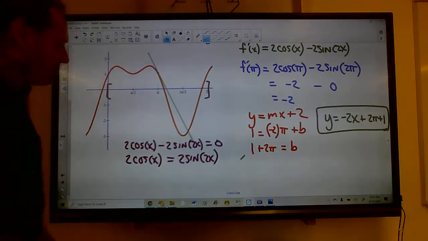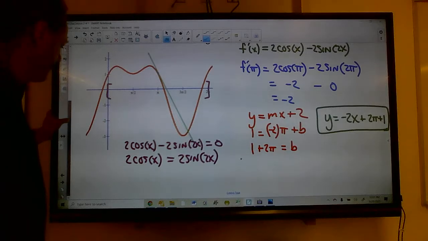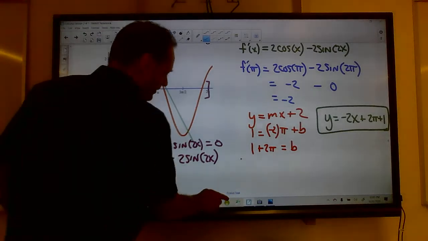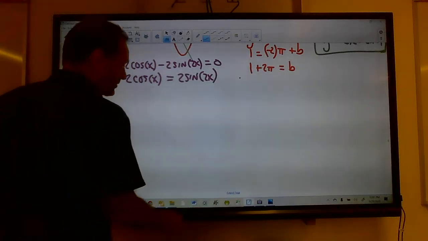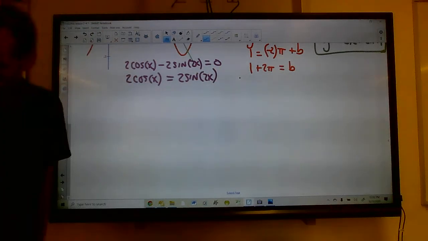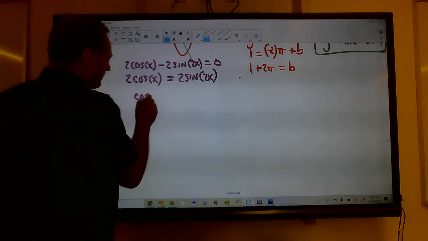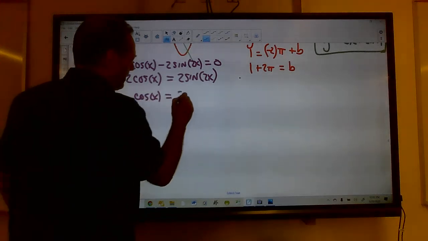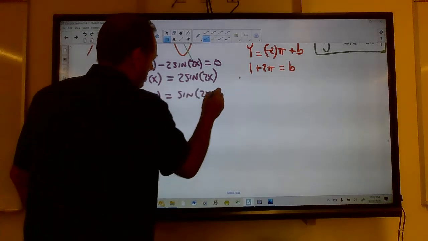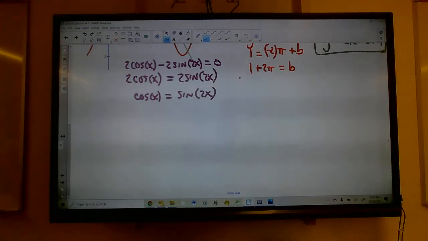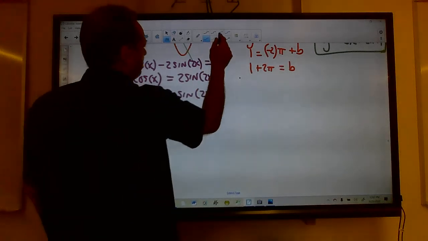Okay, I had to work out a little bit, go get my trig chart and refresh my memory on some of the trig here. So, where were we? I can divide the 2 out on both sides, and I need to know when the cosine of x equals the sine of 2x. There's a way you can get a couple of these by algebra.